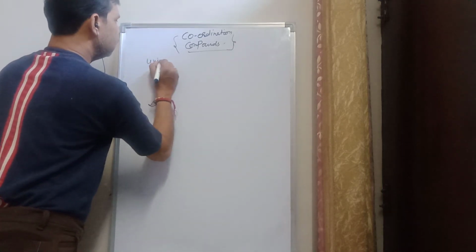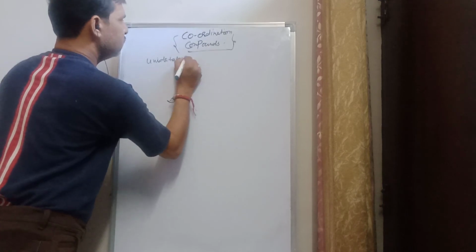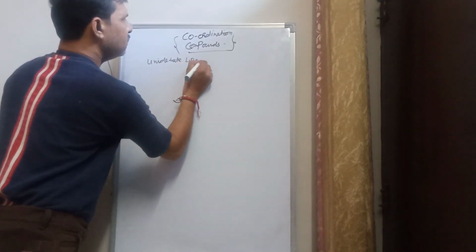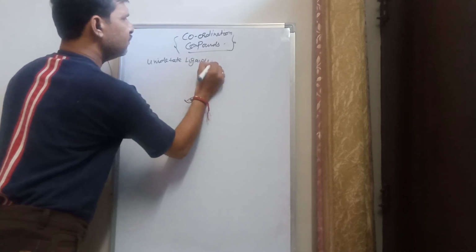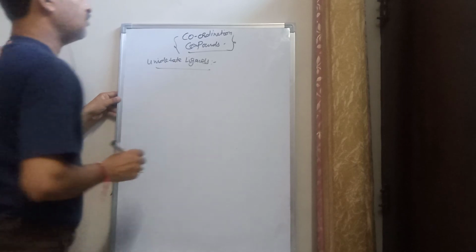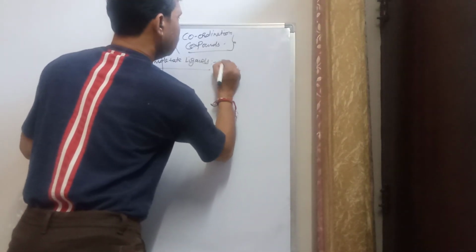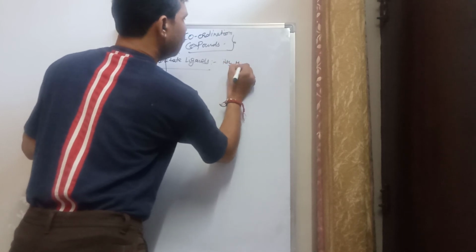Unidentate ligands are those ligands which donate only one pair of electrons to the central metal atom or cation in the coordination sphere. For example, NH3, H2O.